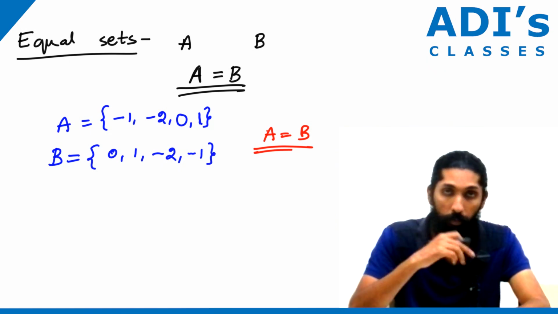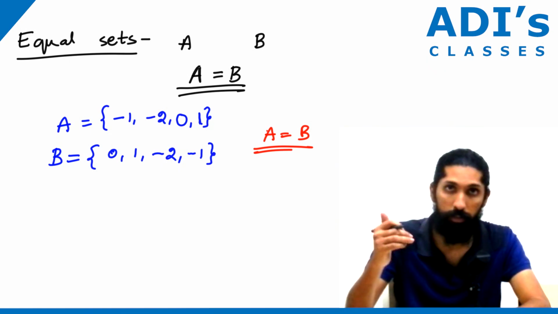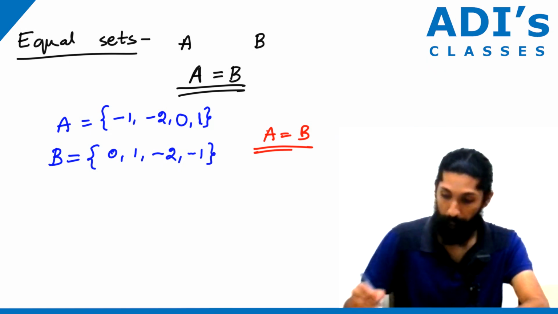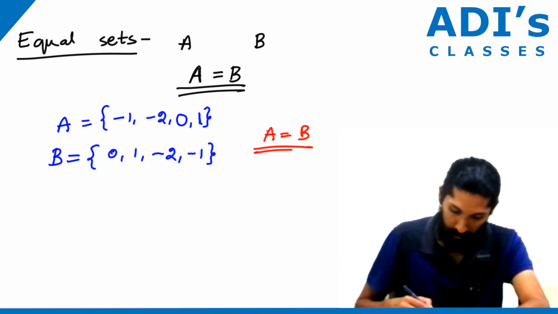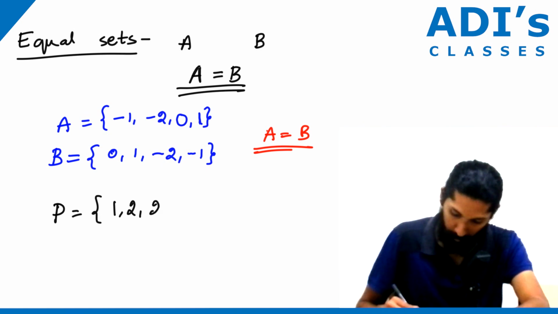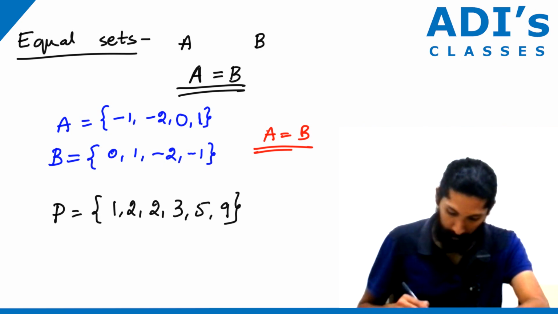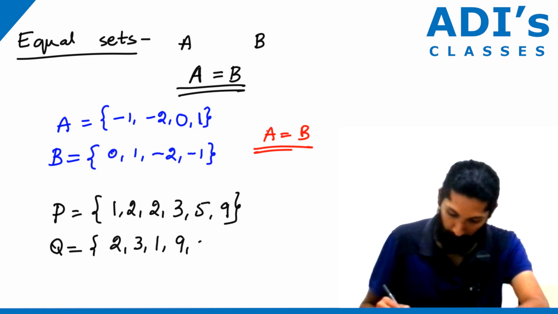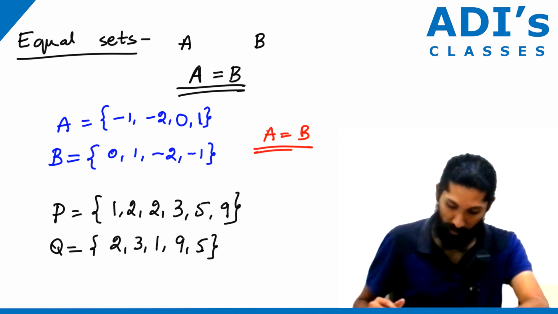Now I'll write one more example of equal sets. You might feel that it might not be, but still. Let's say P is one set which is 1, 2, 2, 3, 5, 9. Say Q is a set which is 2, 3, 1, 9, 5.